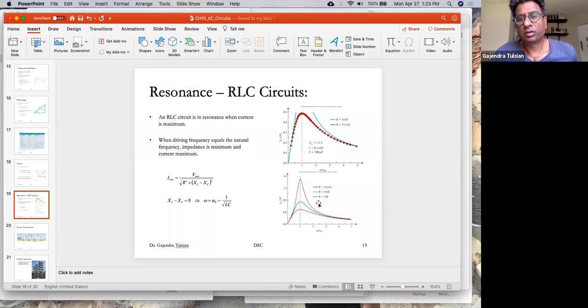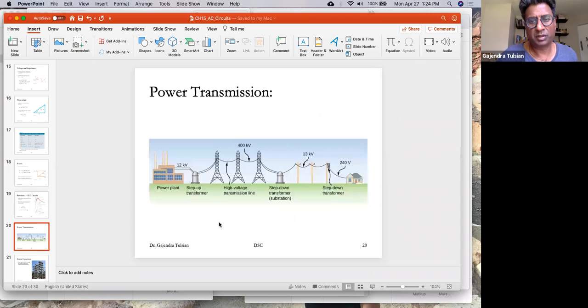This is shown for various values of resistance, and if the resistance is small in the circuit, of course, the current amplitude will be larger. So an RLC circuit is in resonance when the current amplitude through that circuit is maximum.